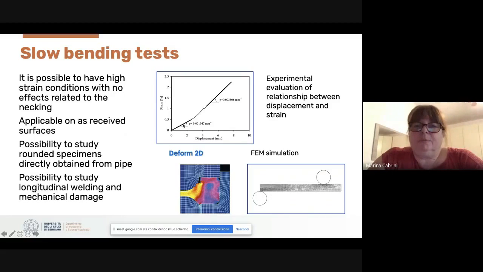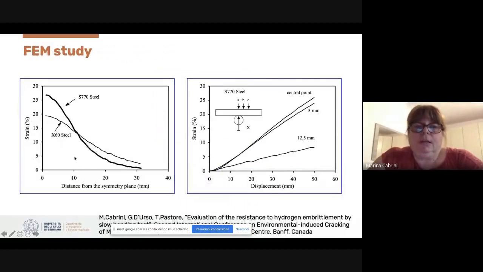It's possible to observe that there is different strain rate in the elastic and the plastic field, and by means of the SPEM simulation, it was possible to have an idea of, for example, the effect of the cold working of the different steel in order to have the distribution of the strain inside the specimen as a function of the distance of the symmetry plane of the specimen.